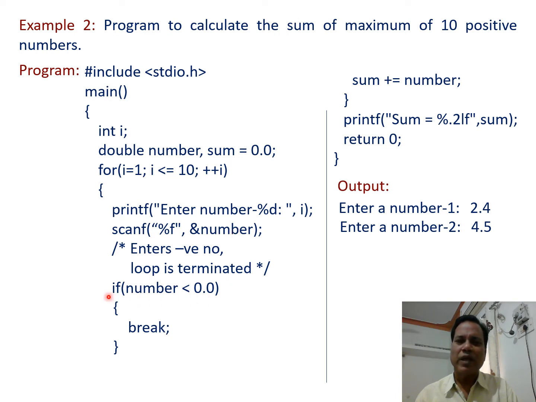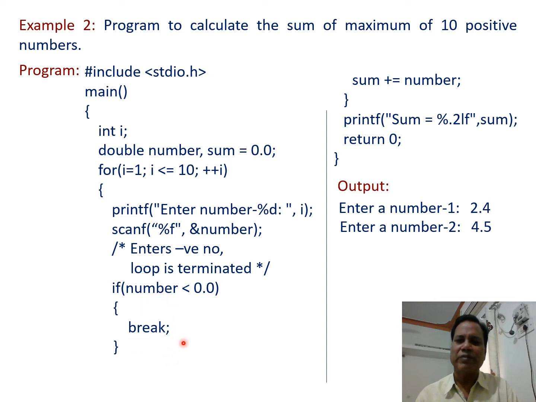Again, the if statement is in the body of the for loop, so the condition in the if statement is tested. Again, as number is 4.5, the condition is false.